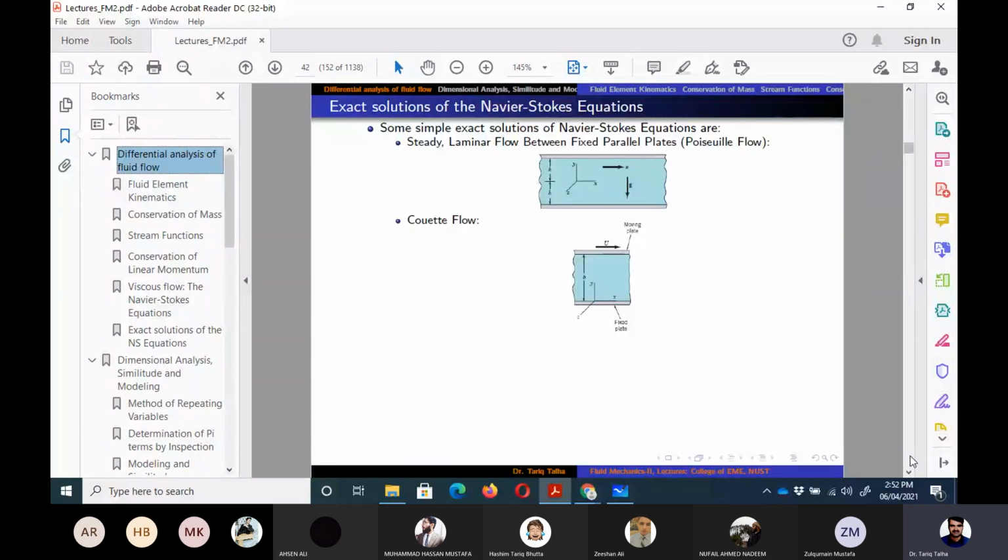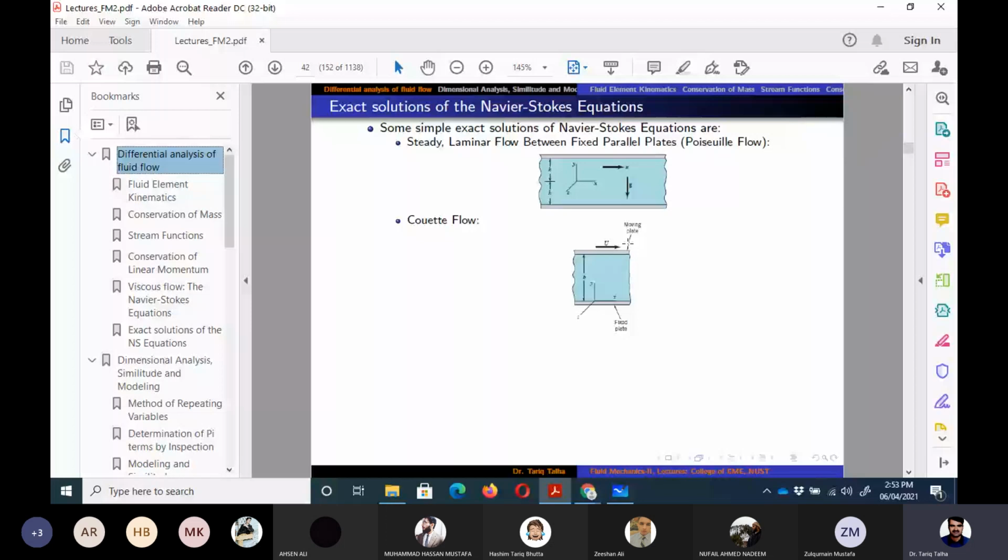The situations in which we can obtain the exact solution for the velocity are, first, steady laminar flow between fixed parallel plates, which we call Poiseuille flow. Then we have steady laminar flow between parallel plates in which one plate is stationary, the bottom plate, and one plate is moving. That is called Couette flow.